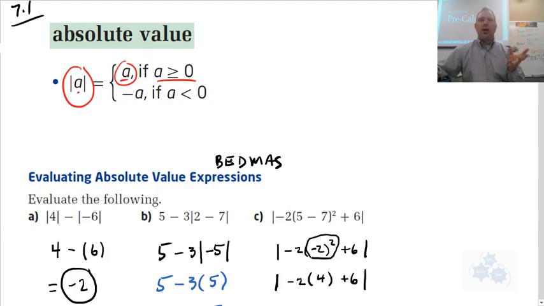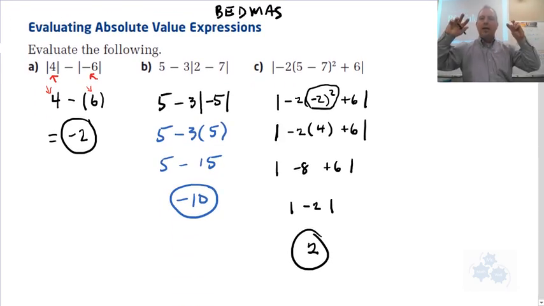It basically means if you have a positive number inside, the absolute value is itself, it's the same. If you have a negative value inside the absolute value, it automatically changes to positive or no sign, if you want to think of it that way. So remember, when you apply the absolute value signs, you're actually just eliminating the negative part. Whatever's inside there has to become positive when you apply those absolute value signs.